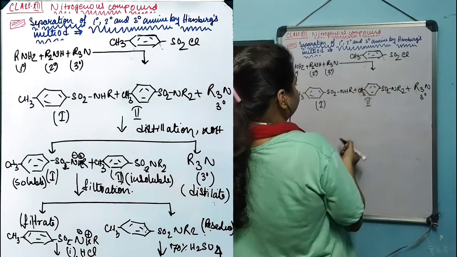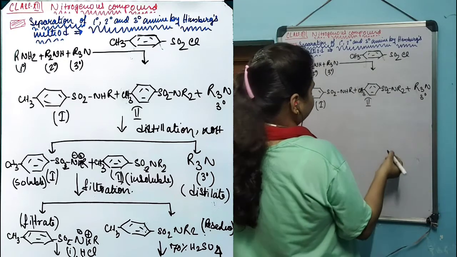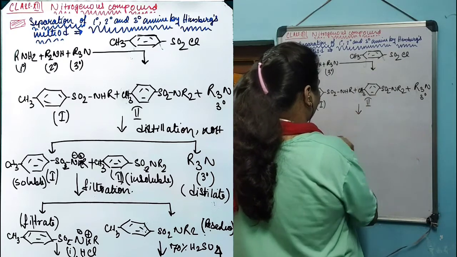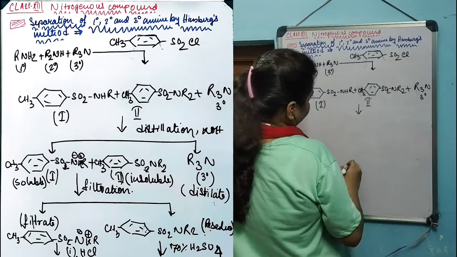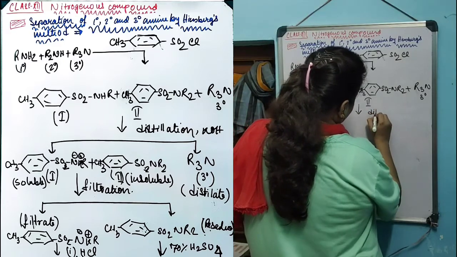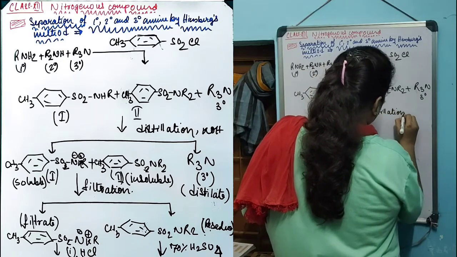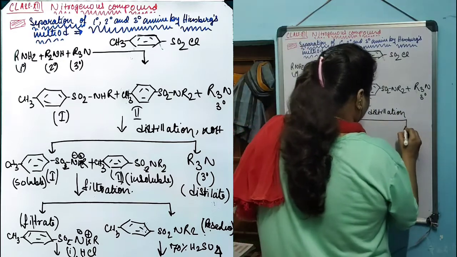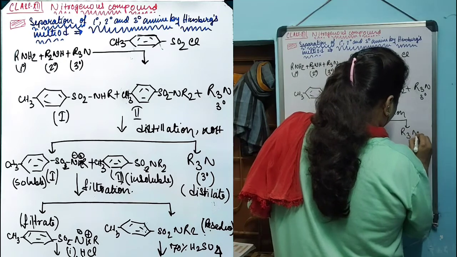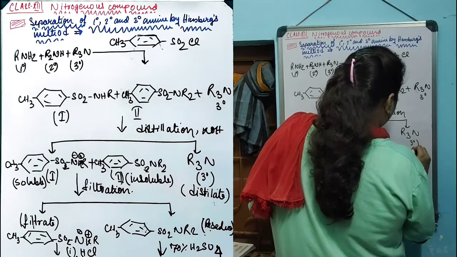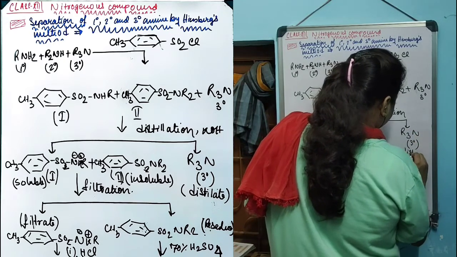A solution mixture will be formed comprising these 3 compounds. When distillation is done, R3N will be separated out as distillate.